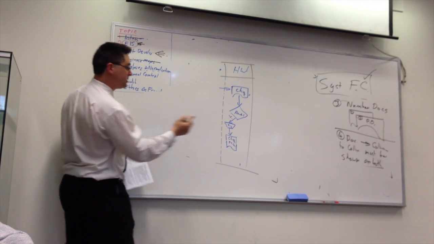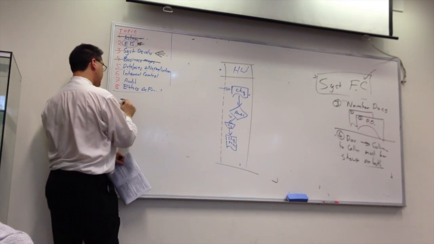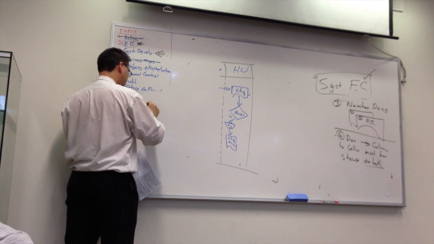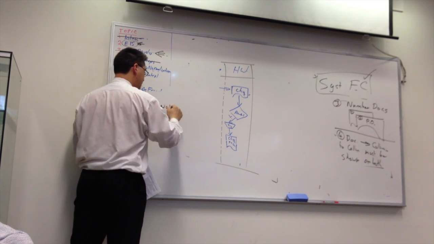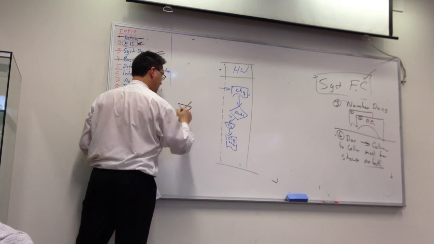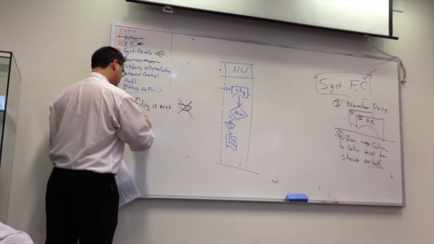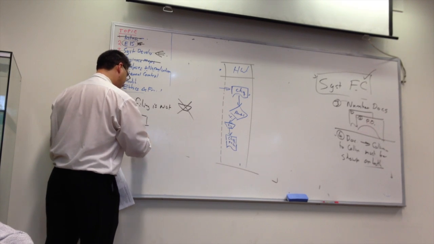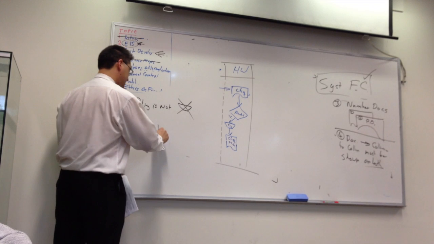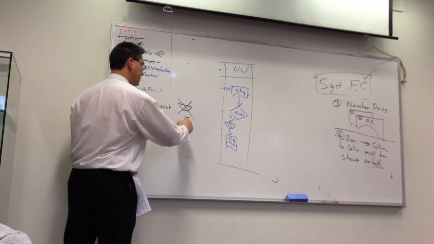All right, that was point number 4. Point number 5 for flowcharts is that the filing is not a manual process. So that's incorrect. It's just simply, here's a document, and it goes into a file, like that. That's correct. This is wrong.